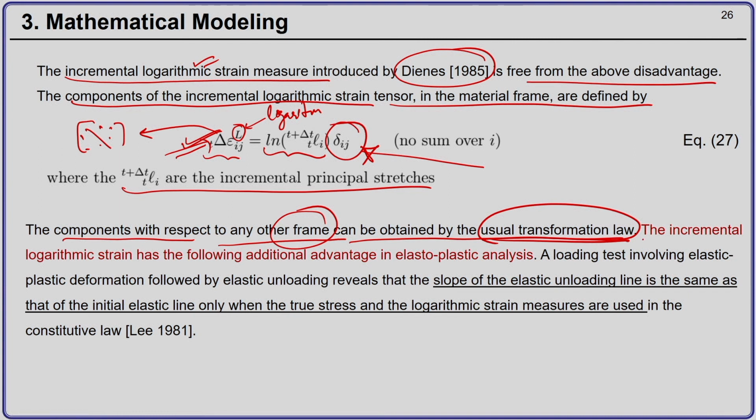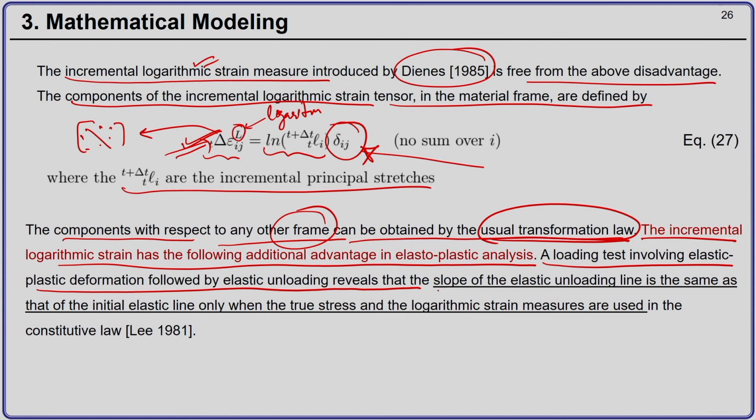Okay. So, incremental logarithmic strain has the following additional advantage in the elastoplastic analysis. Loading tests involving elastic plastic deformation followed by elastic loading reveal that the slope of the elastic loading line is the same as that of the initial elastic line only when the true stress and logarithmic strain measures are used in the constitutive laws, and this was shown by Lee in 1981. Okay.